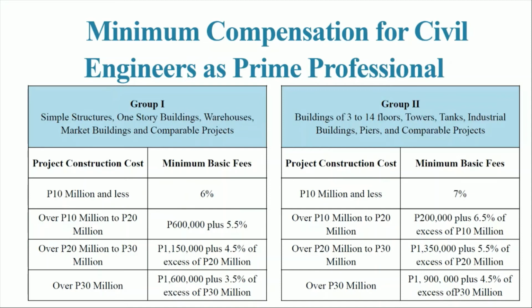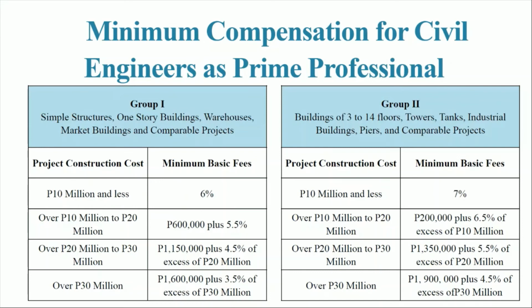So we have two groups here, and the project construction costs are divided into four costs, like the basis of those minimum basic fees. So first you have 10 million pesos and less. We have over 10 million up to 20 million pesos. We have 20 million up to 30 million pesos, and over 30 million pesos.